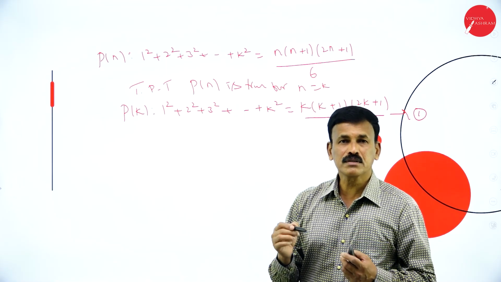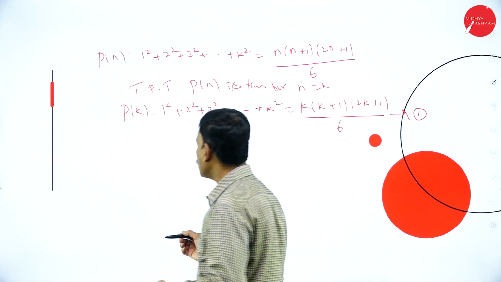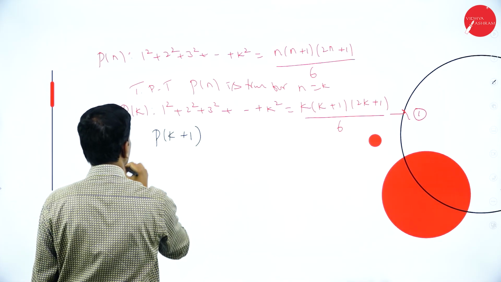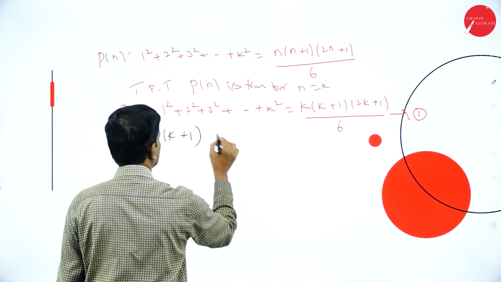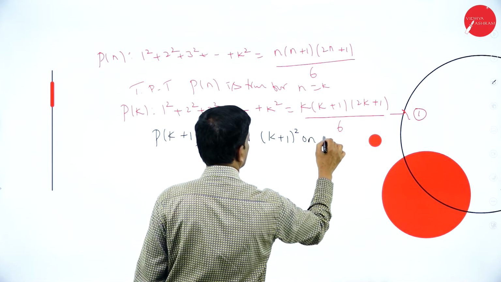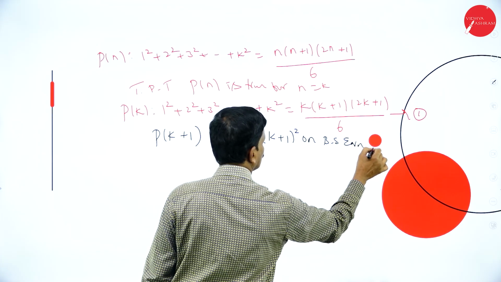Now to prove that the statement is also true for P of k plus 1, just add k plus 1 whole square on both sides of equation number 1.